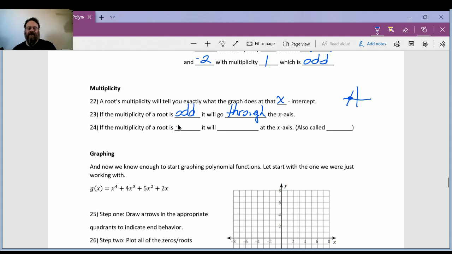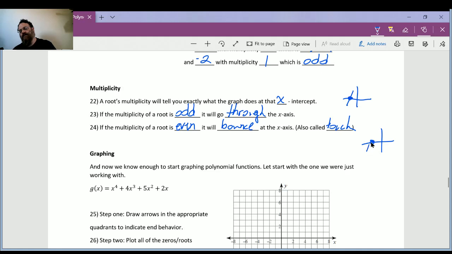If it is even, it will bounce. Sometimes it's called touch. In other words, here's your coordinate plane again. Here's that same 0.